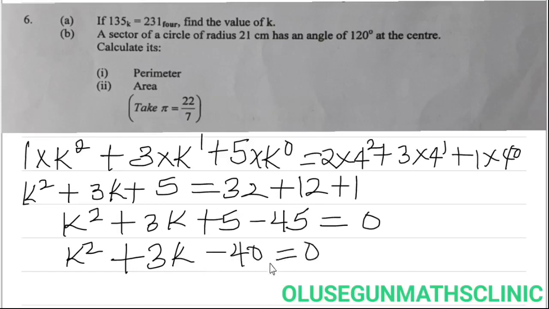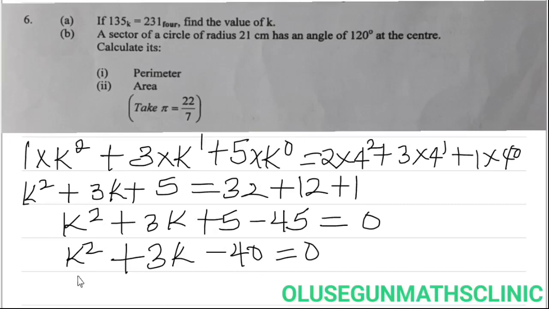So this has formed a quadratic equation. You find two numbers that add up to give us 3, but when you multiply, give us minus 40.